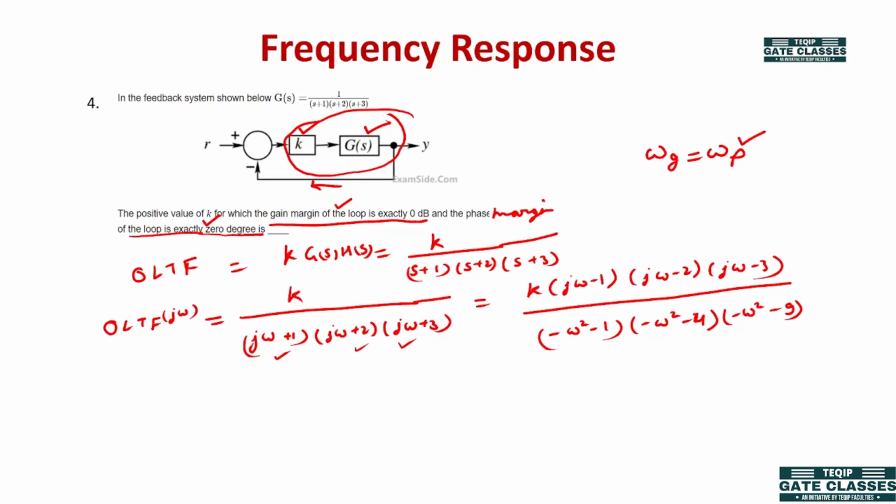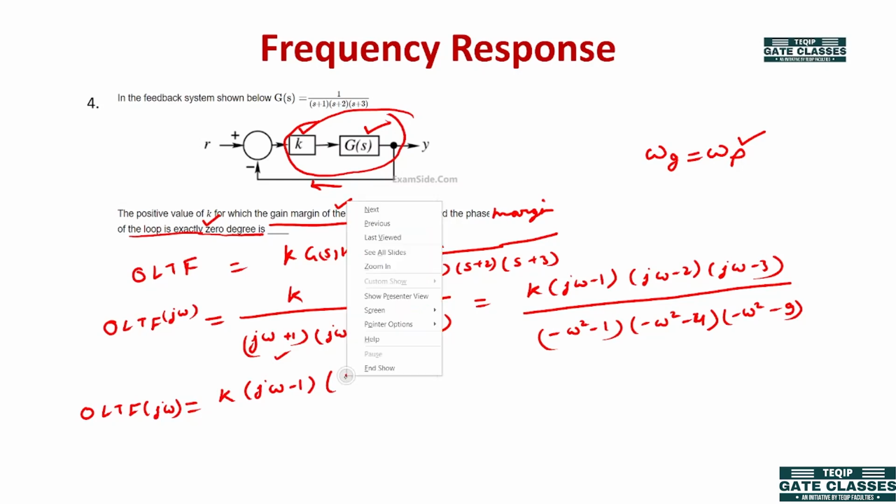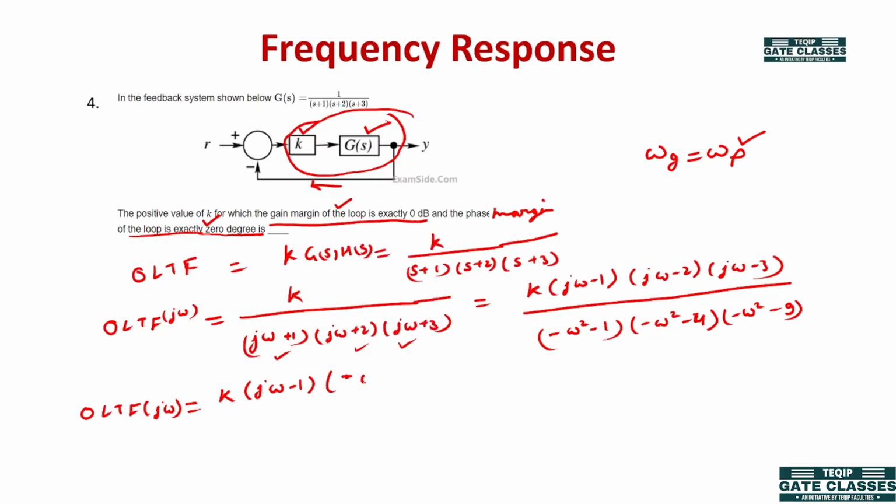If we solve this further, we get the open loop transfer function in j omega form as k into j omega minus 1 into minus omega square. If we multiply these two terms, we get minus omega square, and if we multiply these two terms, we get again a real value, that is 6.